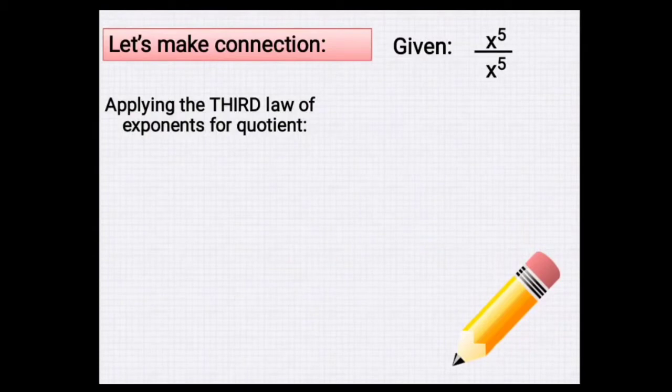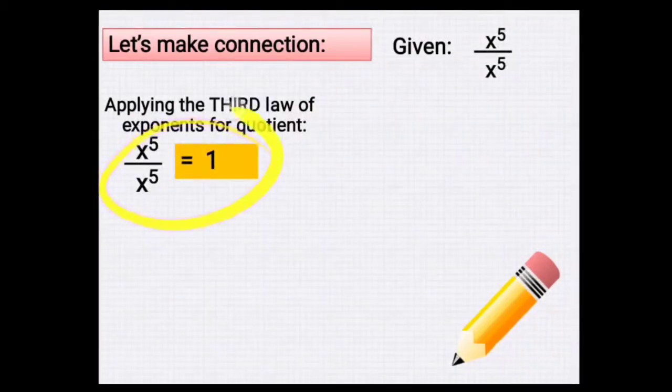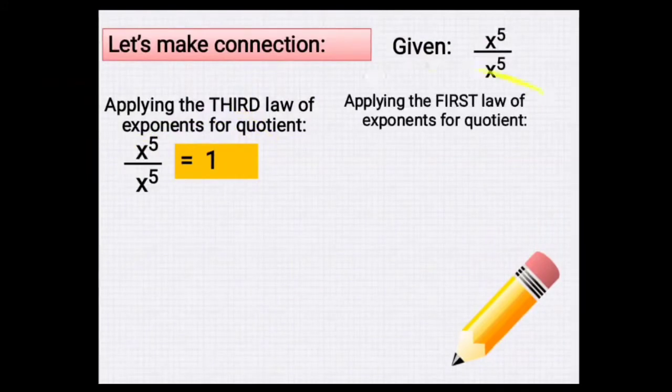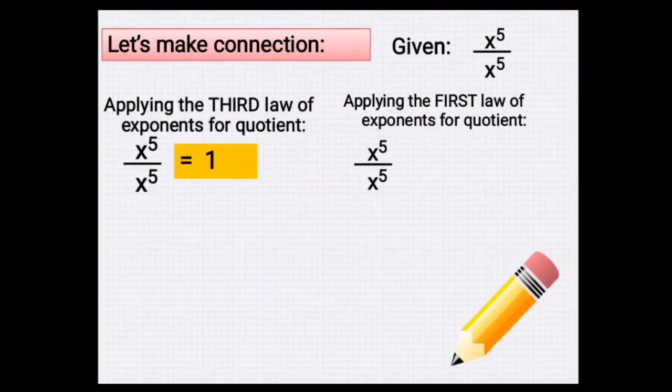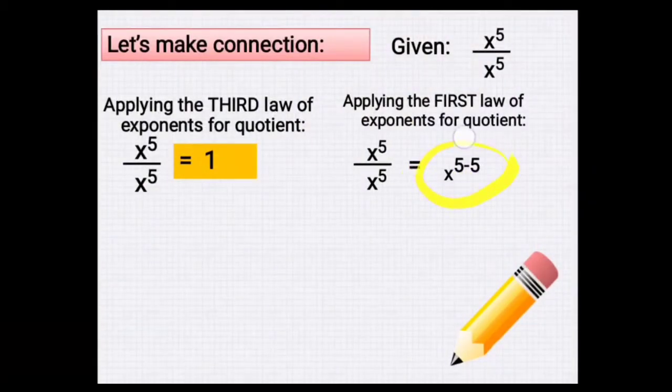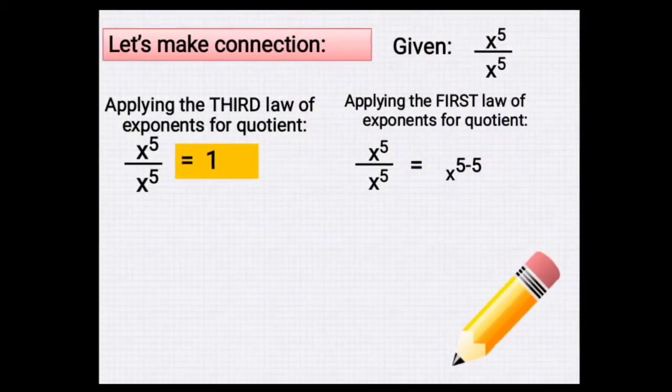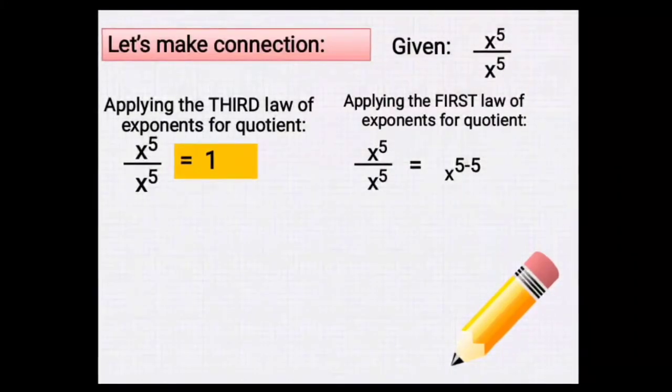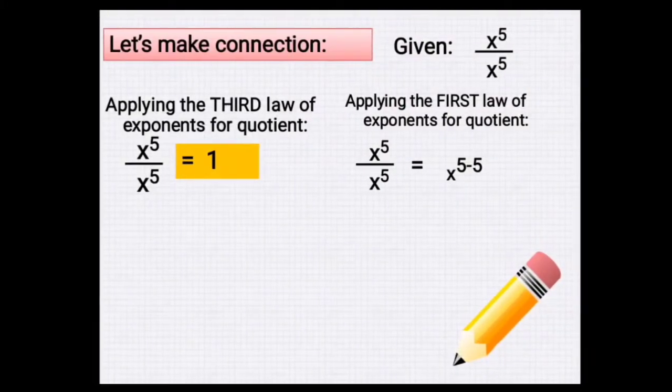But if we apply the first law, wherein you have to subtract the exponents, so x to the fifth power divided by x to the fifth power, get the base and subtract the exponents. So x raised to the fifth power minus the fifth power. When we subtract them, the answer is 0.